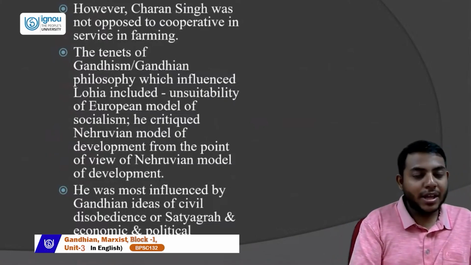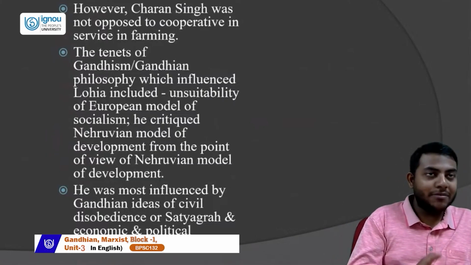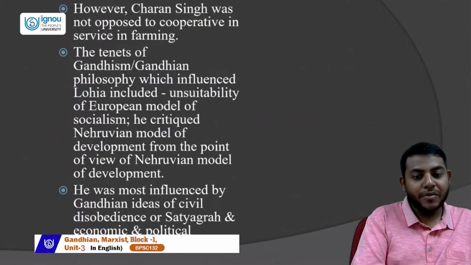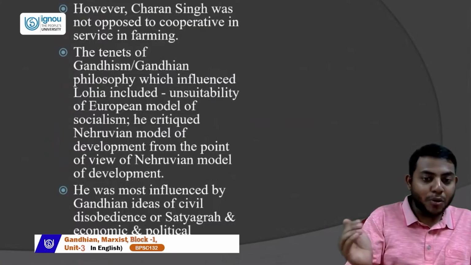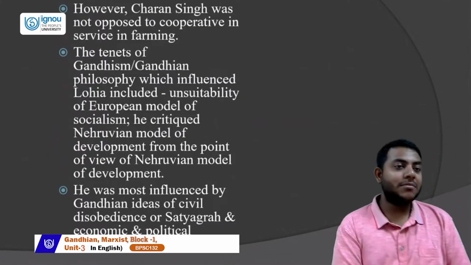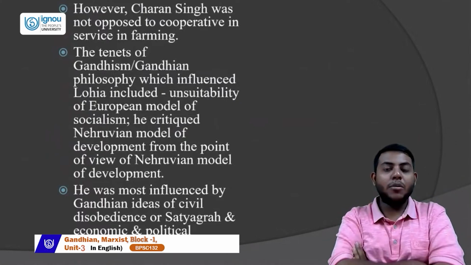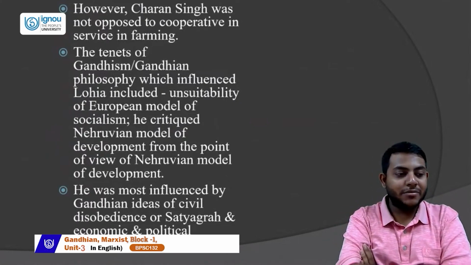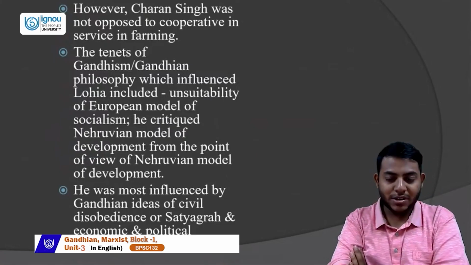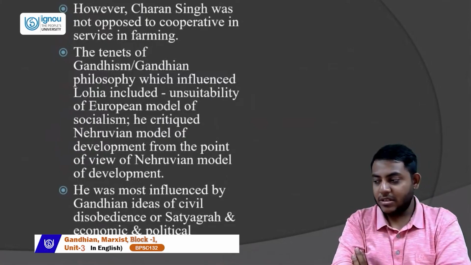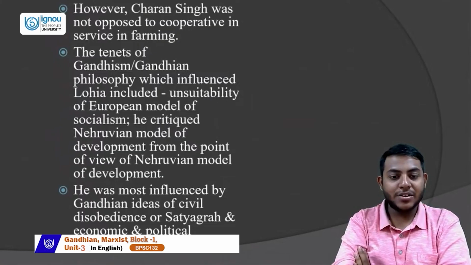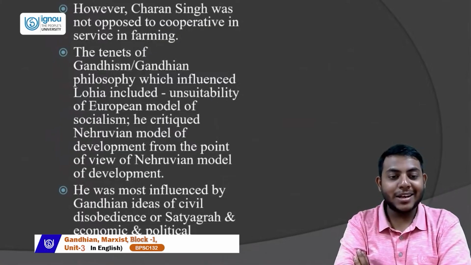Ram Manohar Lohia was in favor of developing an indigenous breed of socialism rather than importing socialism from outside, because he believed that the conditions in which socialism emerged in those countries and the social realities of our country are completely different.